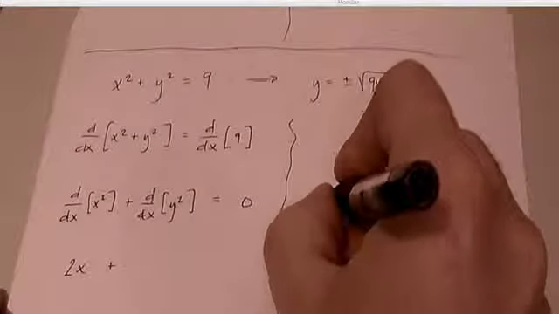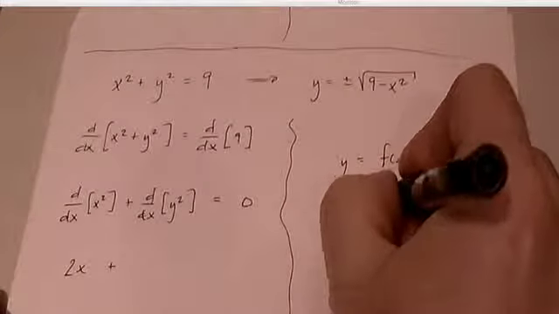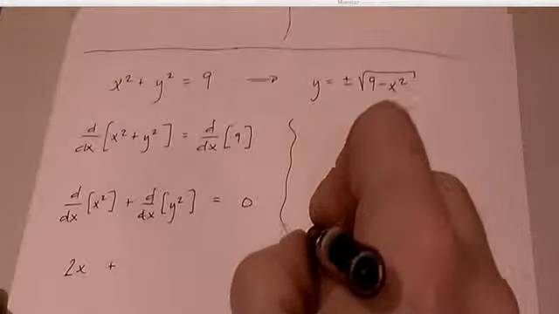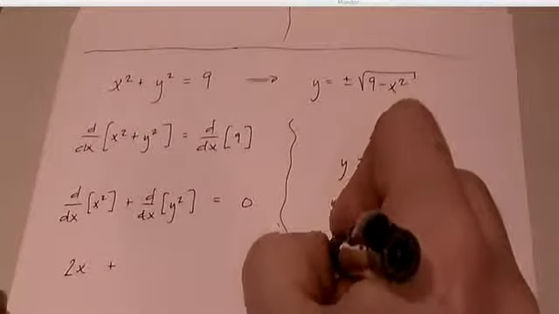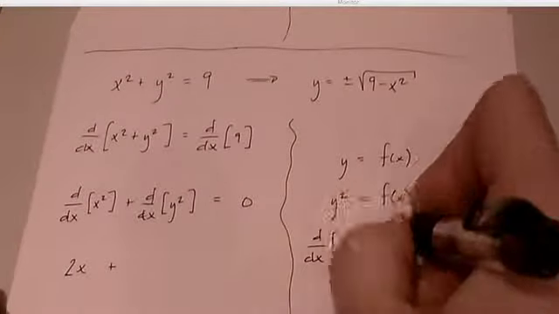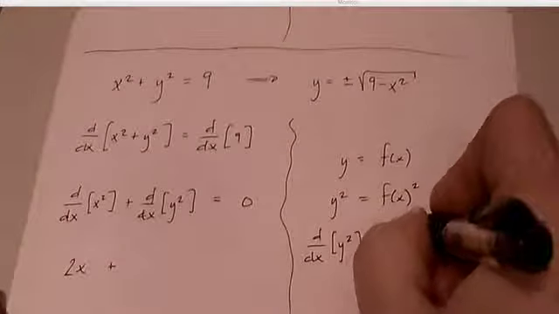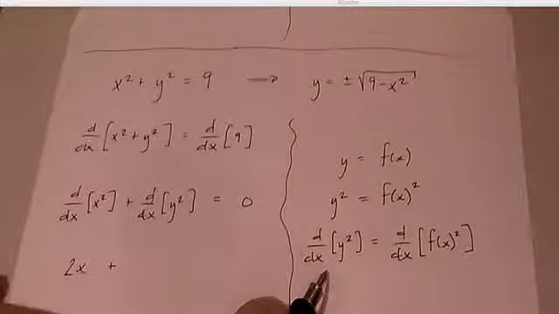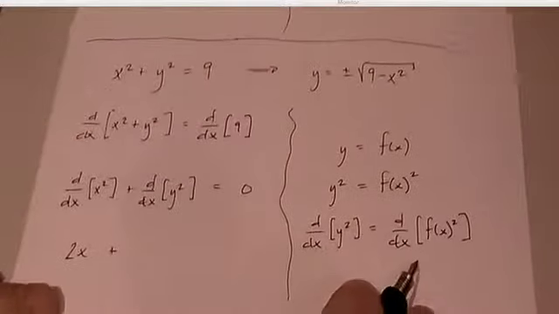If I square both sides and then take the derivative with respect to x of both sides, that looks a little bit difficult, but it should not be.